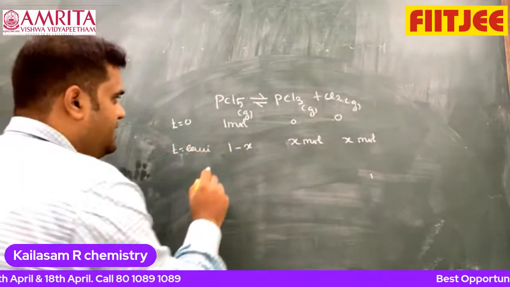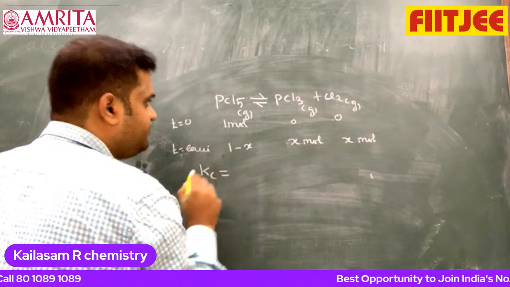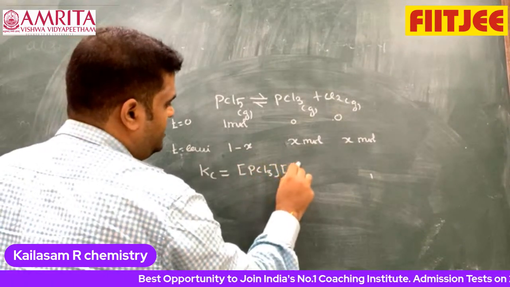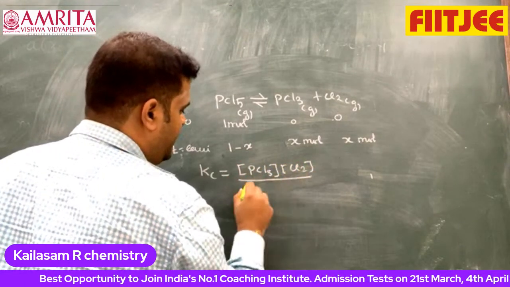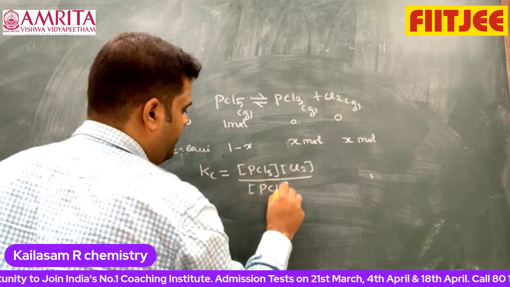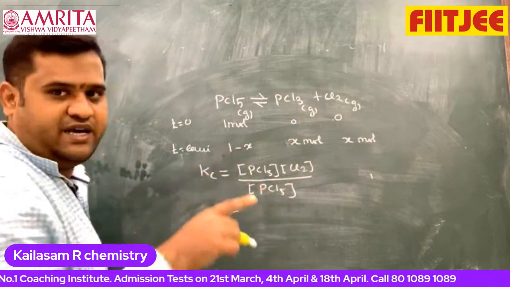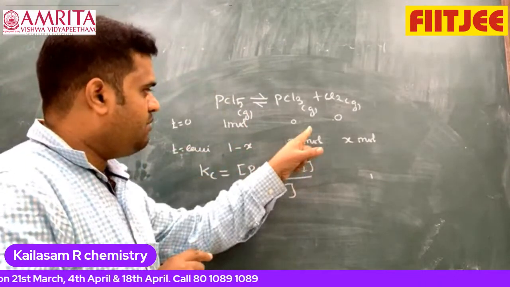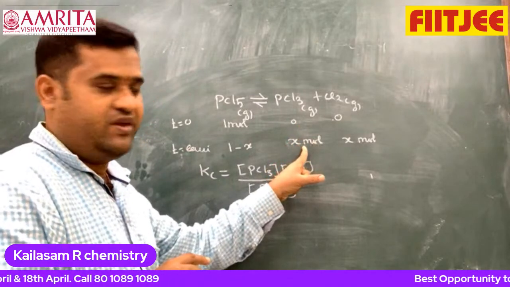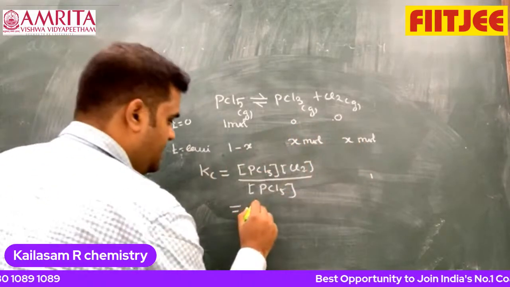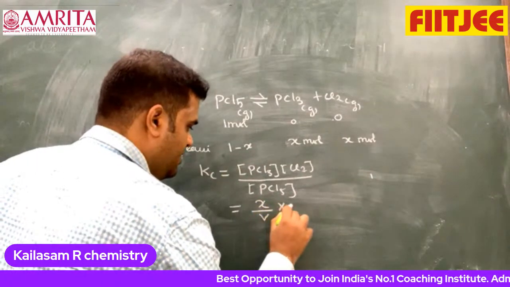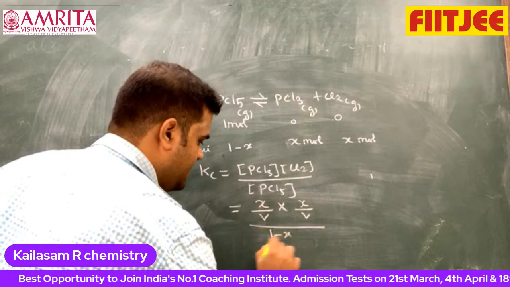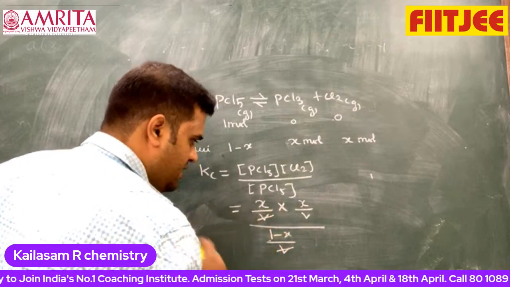Now what is Kc? Kc is equal to the concentration of PCl3 times the concentration of Cl2 by the concentration of PCl5. Concentration is number of moles by volume. So the concentration of PCl3 at equilibrium is x by V, and this also is x by V, and for PCl5 it is 1 minus x by V. The V cancels off.